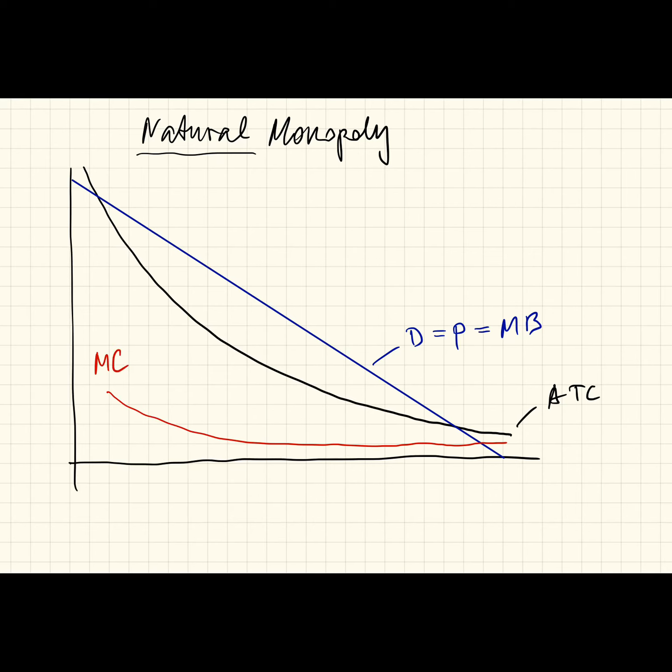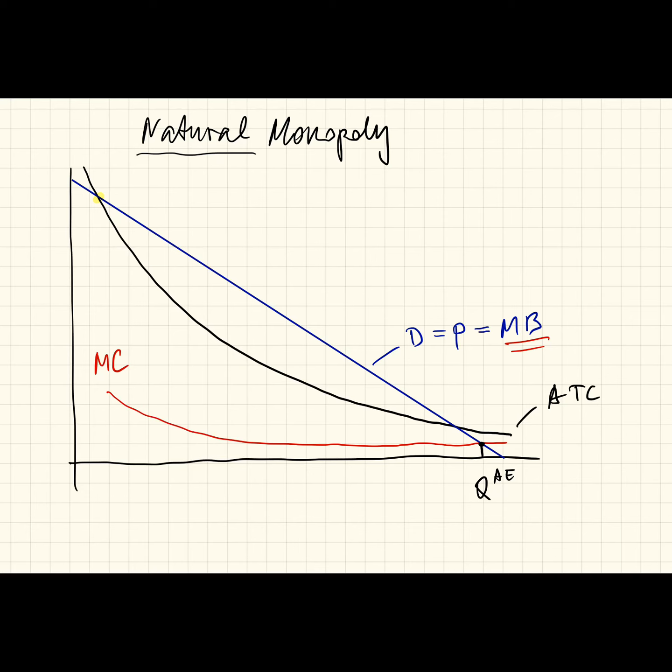Okay, and if this is our marginal cost curve and this is our marginal benefit curve, then we can find the point of allocative efficiency. Remember, it's where MB meets MC. And again, the logic is we want to produce all units for which MB exceeds MC. And that means we want to keep going as long as the demand curve lies above the marginal cost curve.